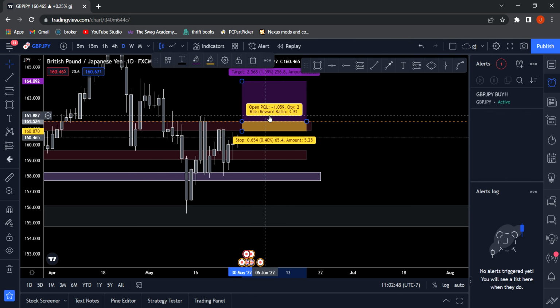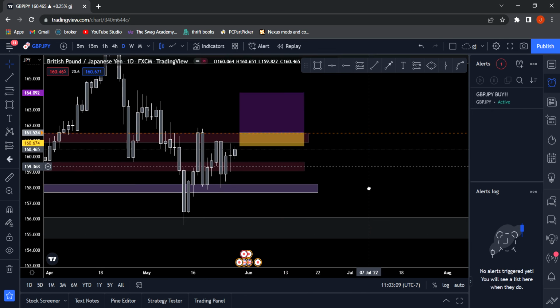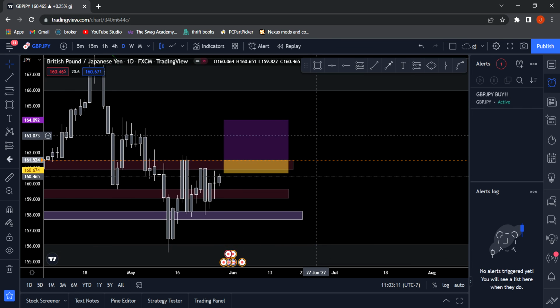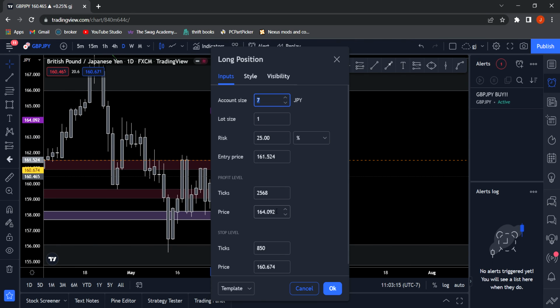Since I'm buying, I usually do 20 pips below the level, unless I can put it below a higher low or something. So let me make that 85 pips. This would potentially be my trading setup, and like I said, my target will be 166 flat.